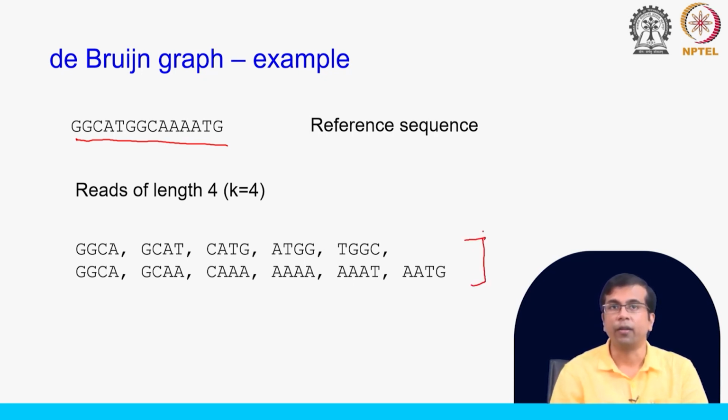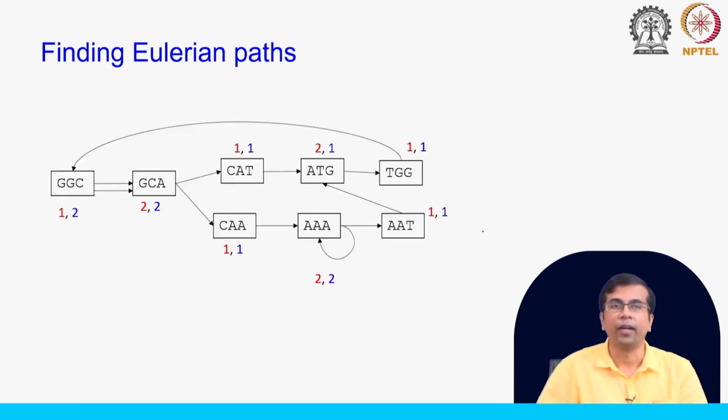What we do now is, from these k-mers we generate the left and right k minus 1 mers. As we discussed, this is the first step. From those k minus 1 mers we generate this directed multigraph. We generated this directed multigraph in the last class, so I am not going to go into those steps again.